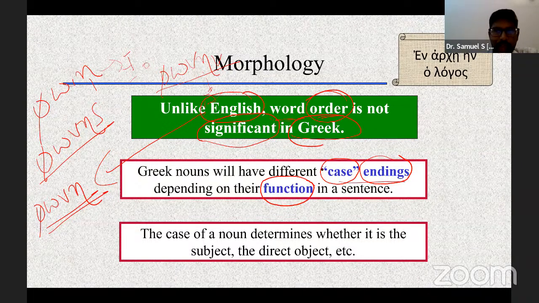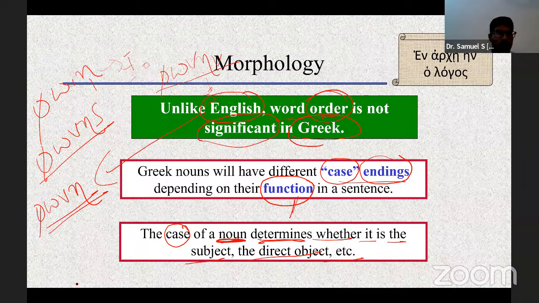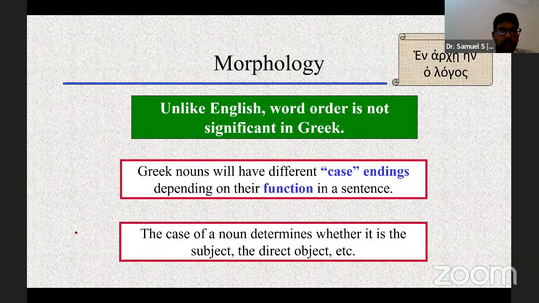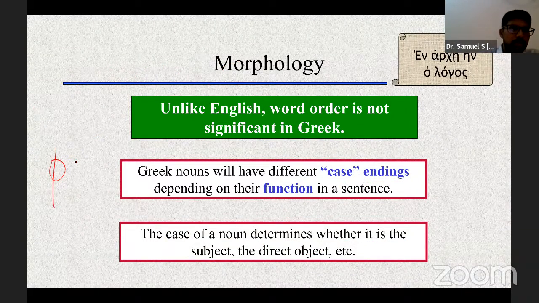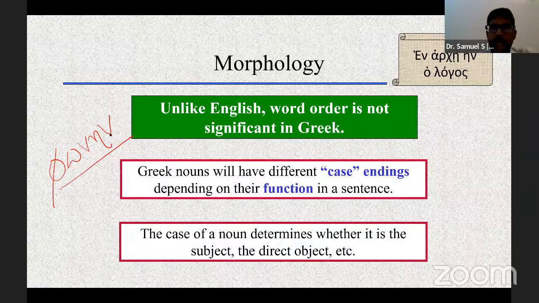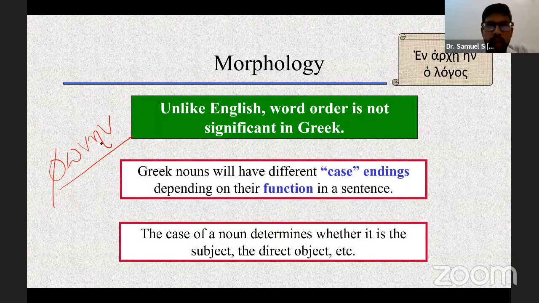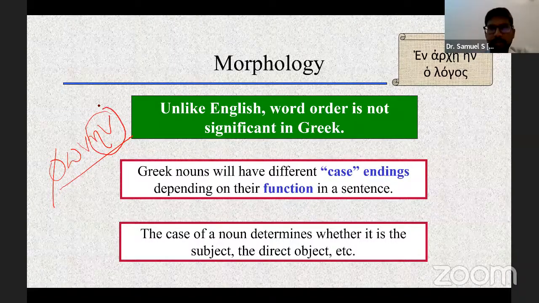Greek nouns will have different case endings depending on their function in a sentence. The case of a noun determines whether it is the subject, the direct object, etc. So how does this work? You see a word in Greek anywhere in scripture. You see phonen. If you learn your paradigms, which you're supposed to learn, you look at the ending of the word. You know in the paradigm, what does this ending communicate?